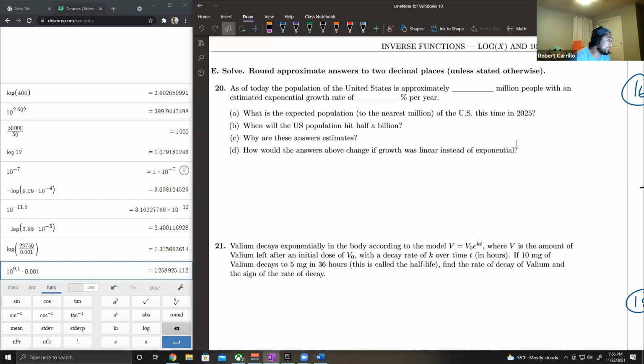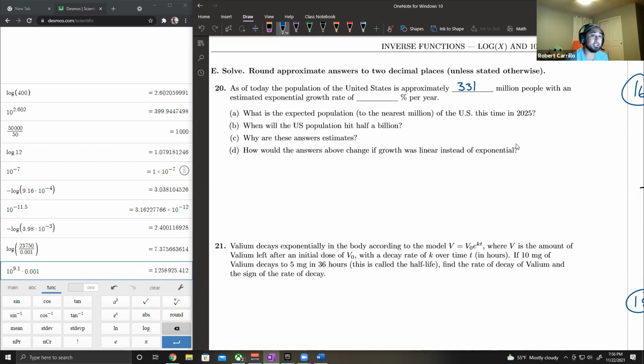Okay. Somebody get on Google and find out how many people live in the United States, and somebody else find out the growth rate per year. Or ask Siri or Alexa. 331.45 million people.